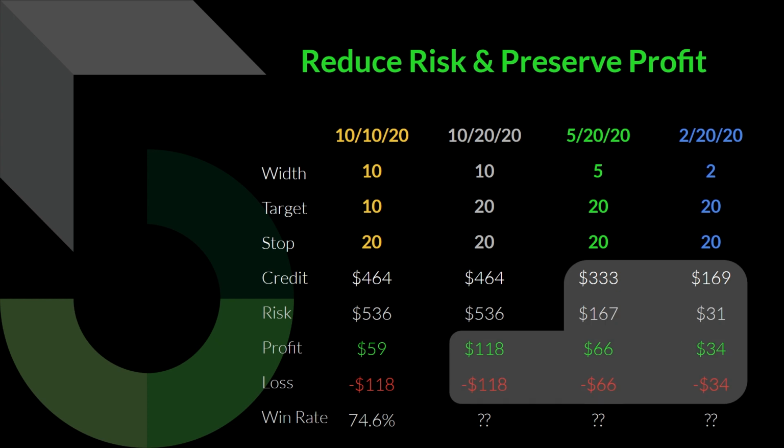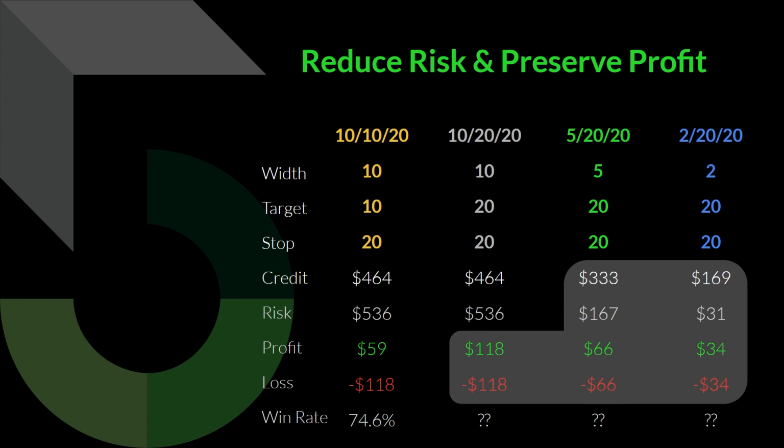So it's these numbers right here that are shaded that I'm not exactly sure of if they're going to hold up, but I do know from the 3, 4, 5 trades that I have done already in my paper trading account using Option Alpha that those are the average credits that I'm getting right now. $333 for the 5-20-20, $169 for the 2-20-20. So I am confident with those numbers. I just don't know if I'm going to be hitting these profit targets.